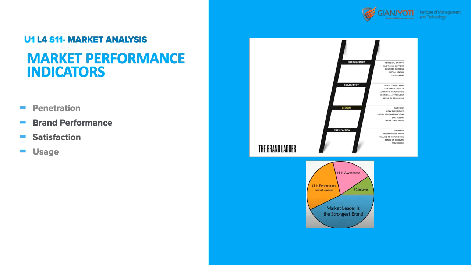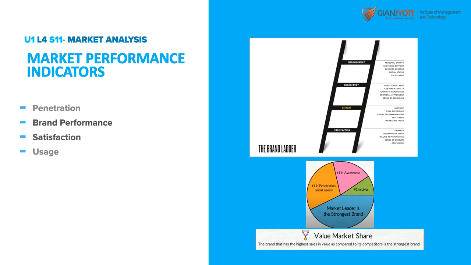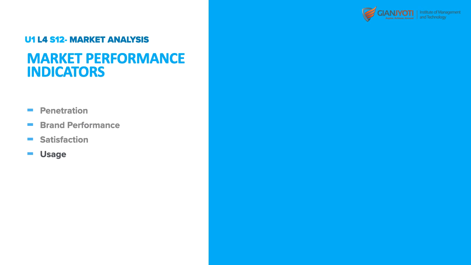But are they the market leaders? Are they the strongest brands? The answer is no. So which is the strongest brand? It is one single parameter for the performance of a brand, and that is the value market share. That is the highest sales in value that decides which is the strongest brand.